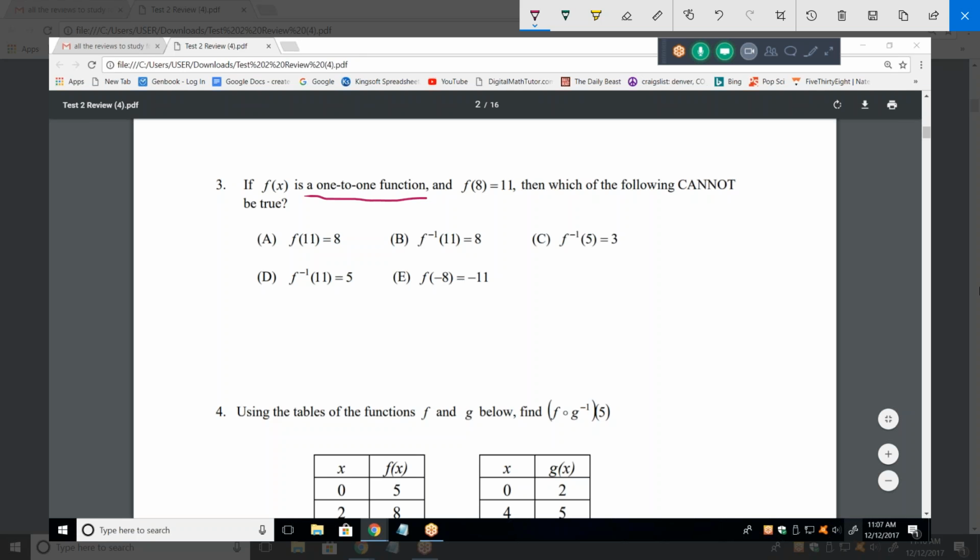If a function is 1 to 1, meaning it passes the vertical line test and the horizontal line test, then its inverse is going to be a function. You don't have to restrict the original function at all. Sometimes you have to restrict the original function in order to come up with an inverse function. But in this case, if it's 1 to 1, then the inverse. So what has to be true if that is true?